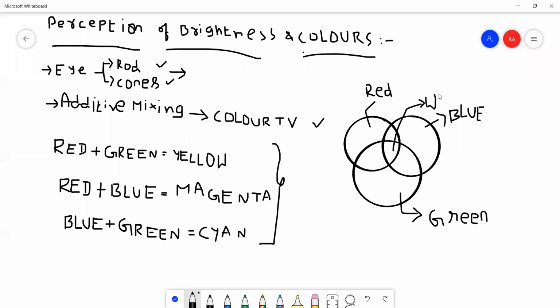So the intersection of all colors will form the white color here. Their corresponding percentages are given by: this is equal to 30%, this is equal to 11%, and this is equal to 59%.